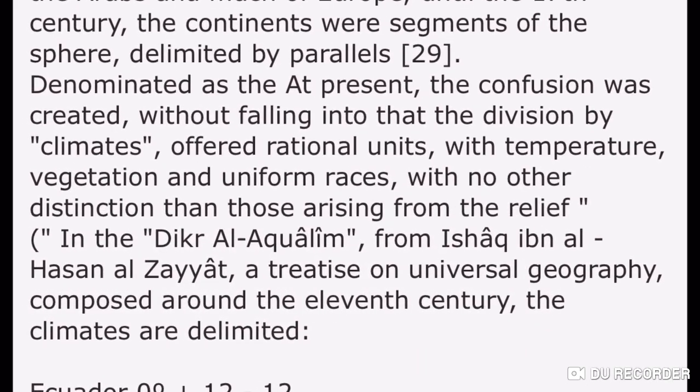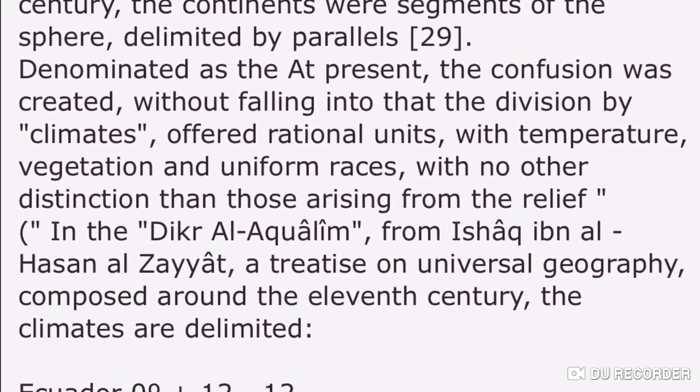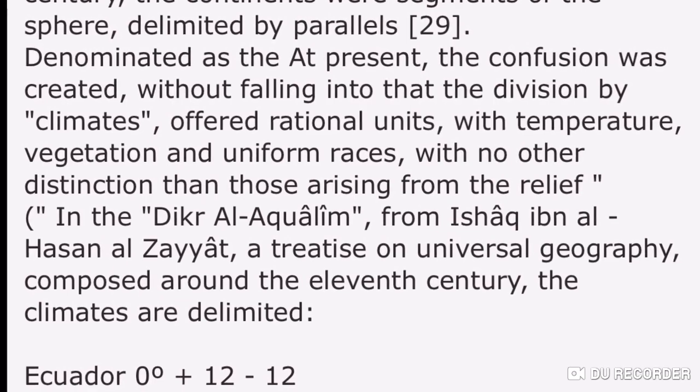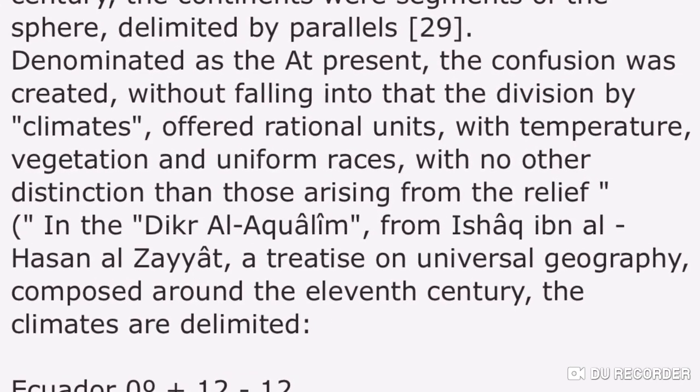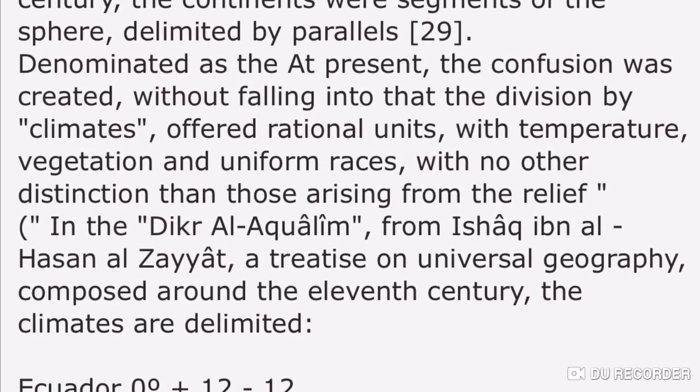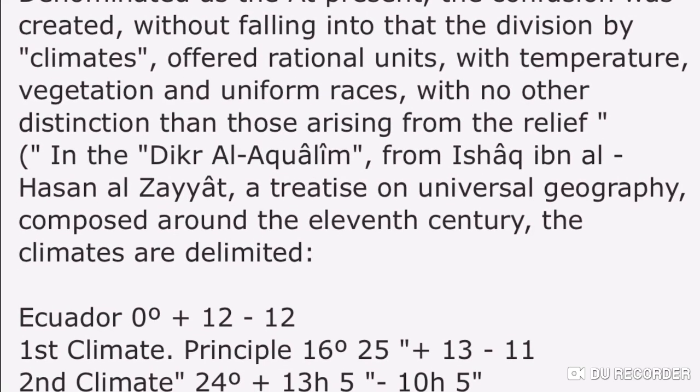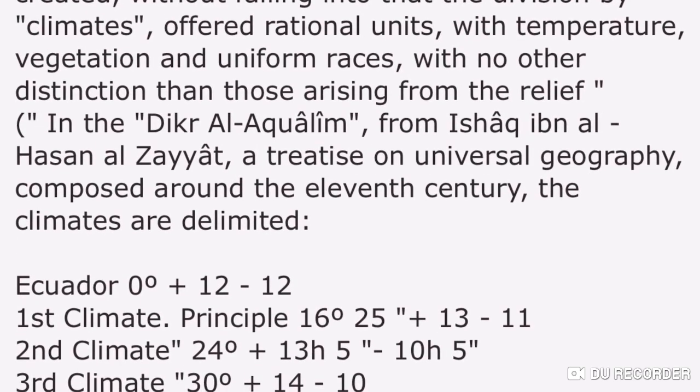And then they did it with temperature, vegetation, and uniform races. So they started to break that map down by race later in history, and that caused a lot of destruction, with no distinction other than those arising from the relief in the Decatur Isle Aquilin.